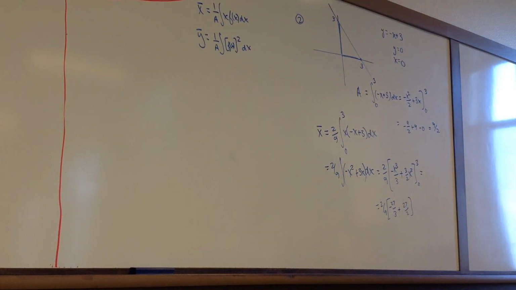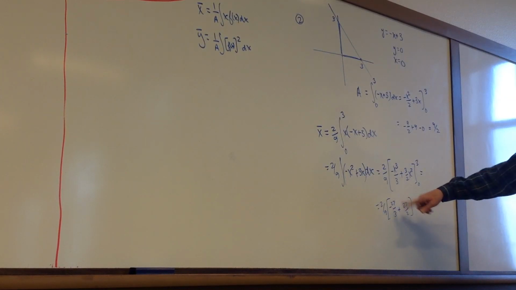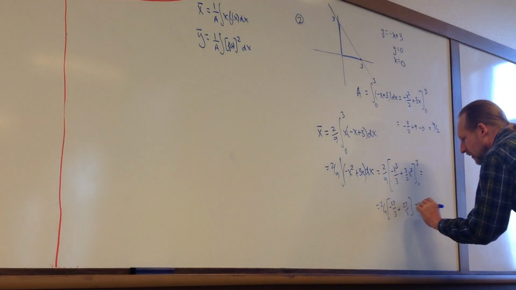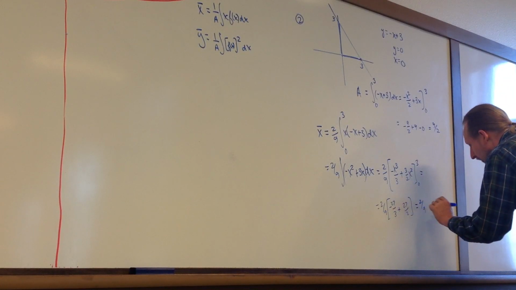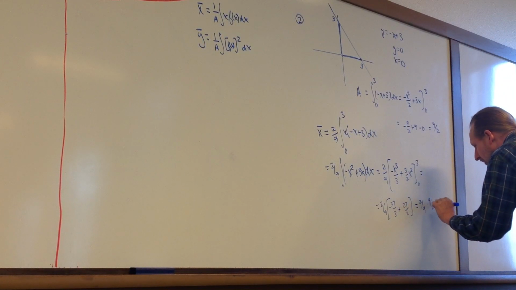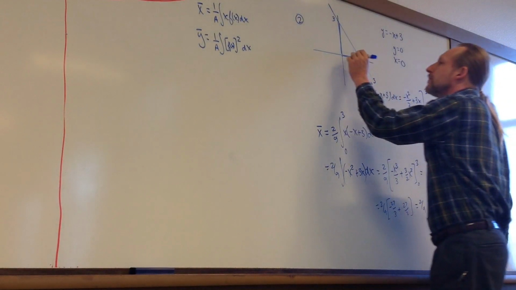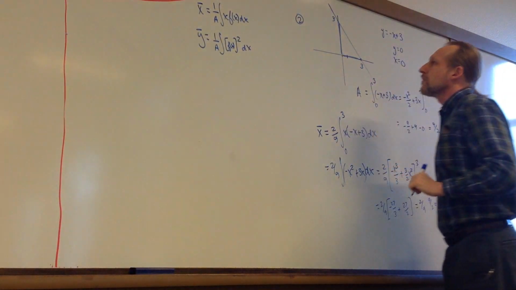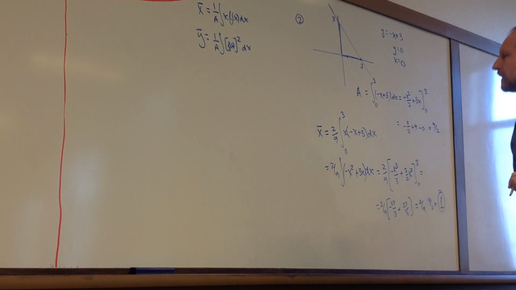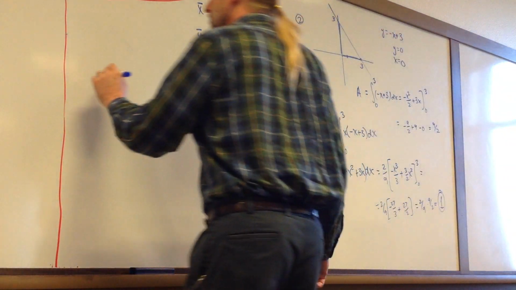Well, that's 9. Let's see here. This is 13.5 minus 9 should be 4.5. And this says the x-coordinate will be 1. Okay. Let's see. The y-coordinate's also going to turn out to be 1.